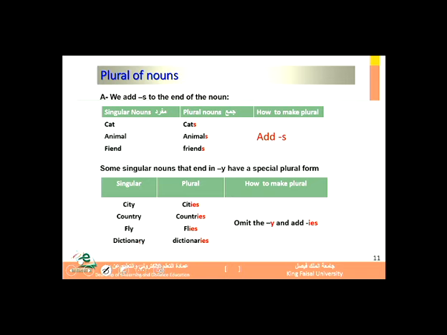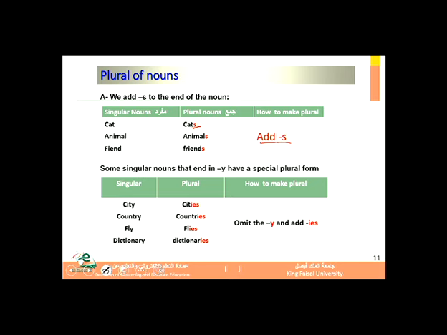This is the rule that we can follow to make plurals. Usually any noun can be changed from the singular into the plural by adding an S. So you add an S at the end of the word. But this is not always the case, because sometimes you have some exceptions.